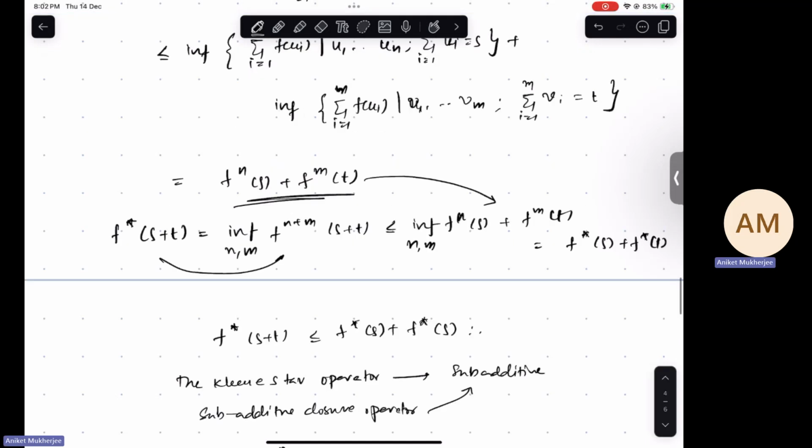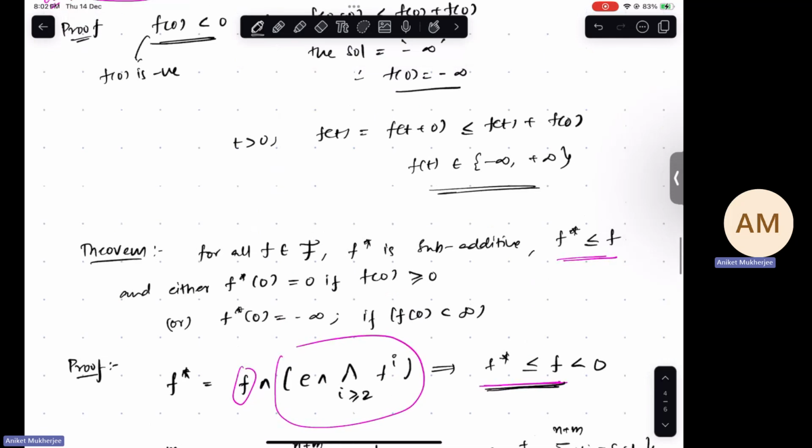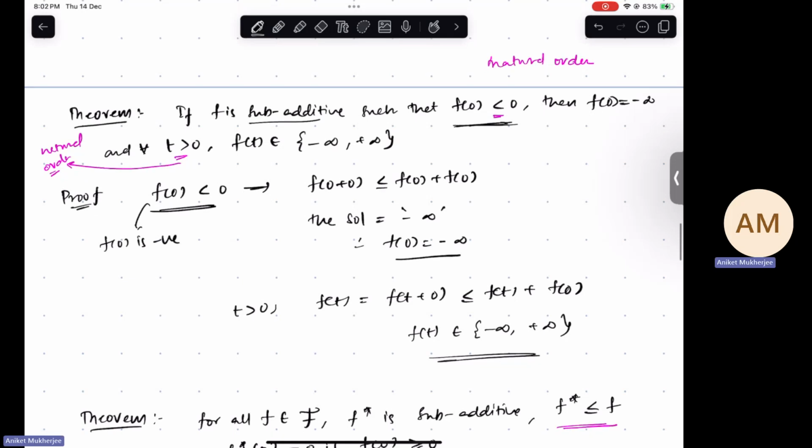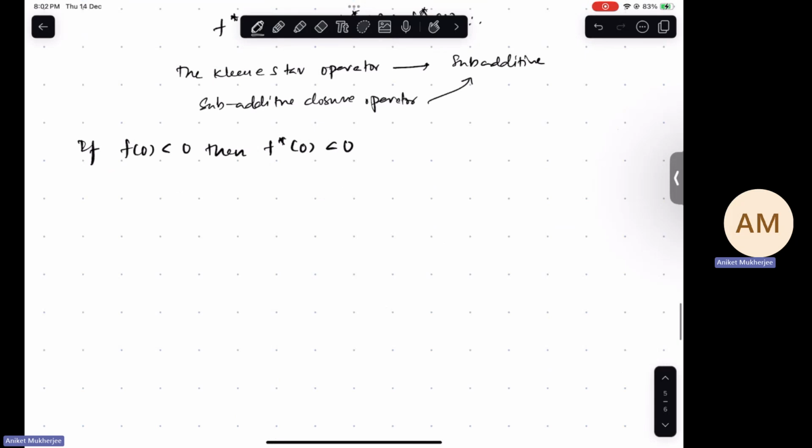And from lemma 1, from the first theorem, if for any subadditive function the value at 0 is less than 0, then the value at 0 is equal to minus infinity. So we know that f star(0) is less than 0, and we also know that f star is subadditive, which implies f star(0) equals minus infinity, right?